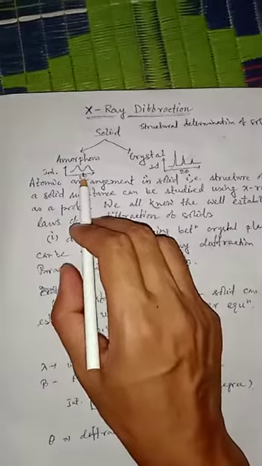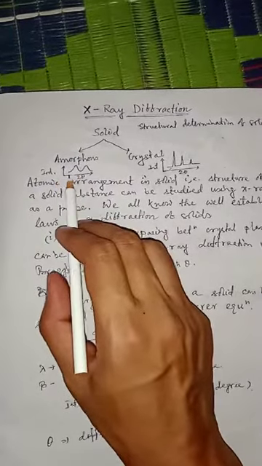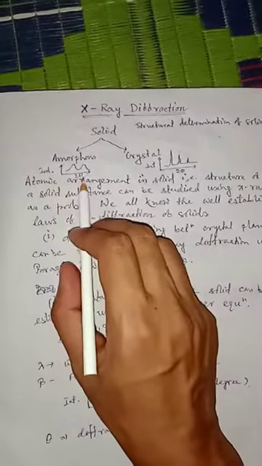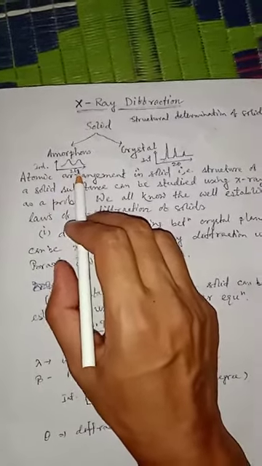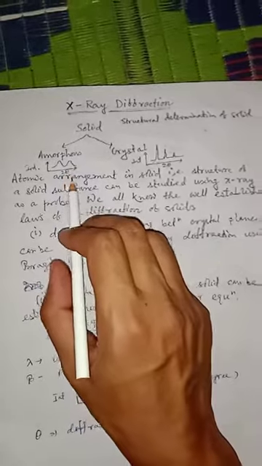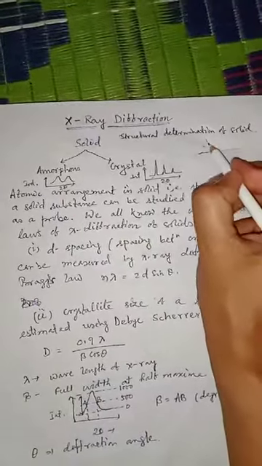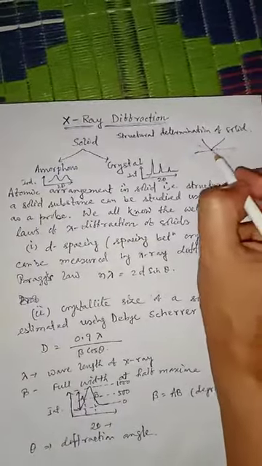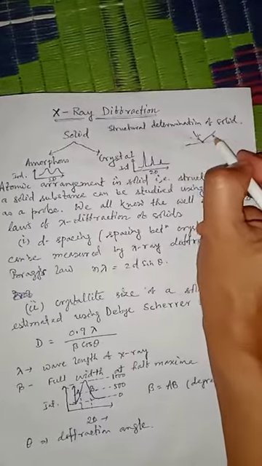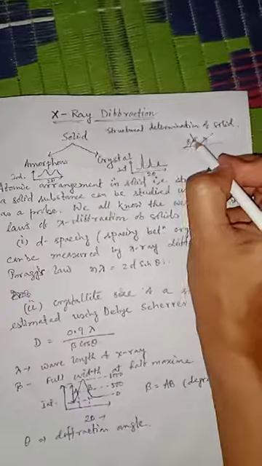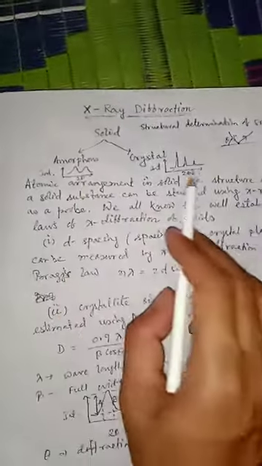It is a graphical representation where the y-axis is the intensity and the x-axis is 2 theta. Theta is the diffraction angle. If this is a solid and you send an X-ray, this is the incident ray and this is the diffracted ray, and this is the angle of incidence. Why 2 theta will come in later.